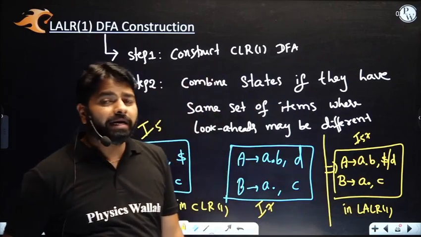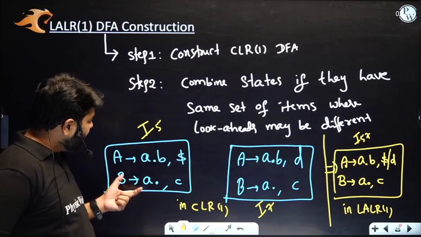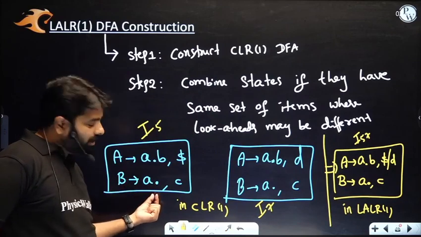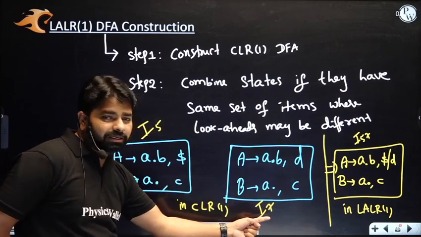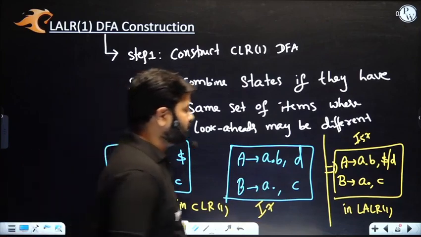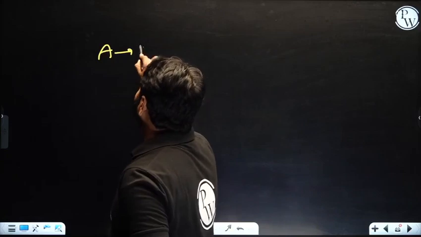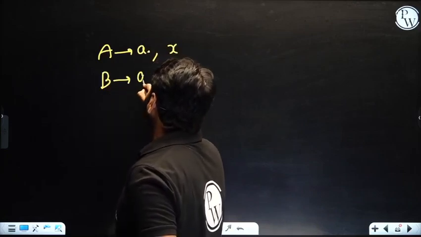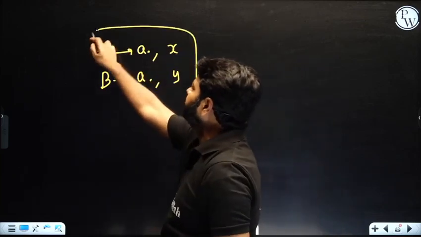But you may get an RR conflict. Why? Because in RR, let's say you have B derives A dot. Here let's say A derives A dot. Here you may have different symbols, but this symbol may match with that symbol across. Example: A derives A dot with lookahead X. B derives A dot with Y. Both are different, so no conflict in this state.